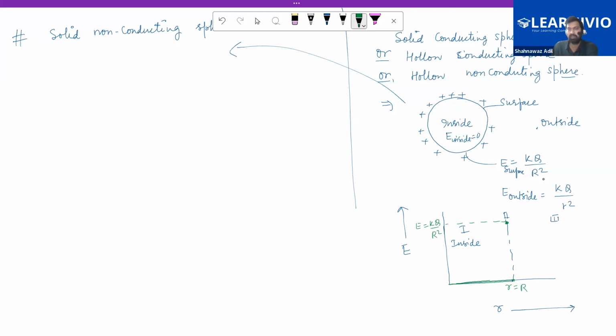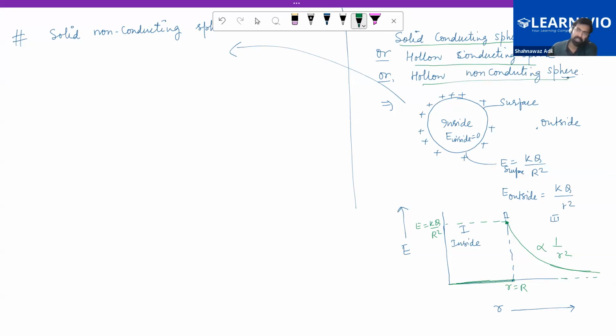If we go far, electric field will decrease, going as 1 over R square, and it will meet zero at infinity. So this is the variation of the electric field for a solid conducting sphere. All the charges are at the surface, which is equal to a hollow conducting sphere or hollow non-conducting sphere. That is the variation that you have already done, right, guys?